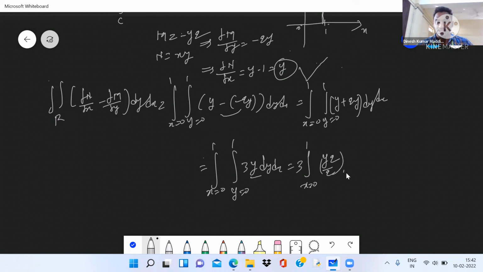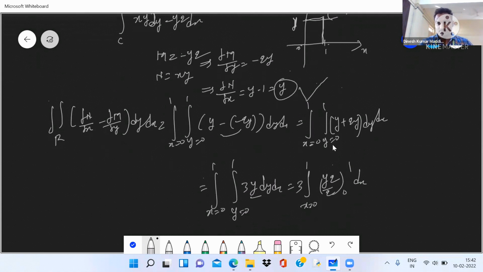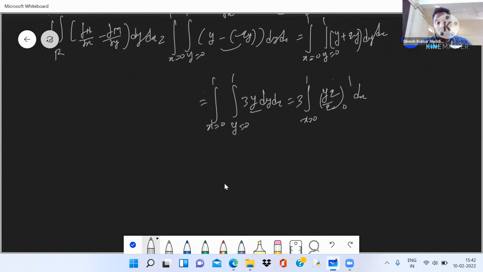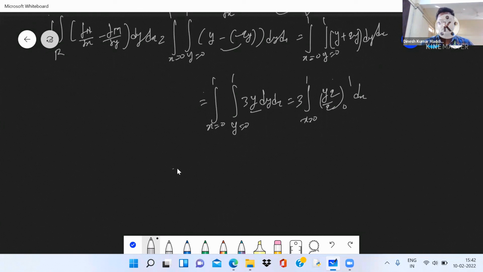Here limits are 0 to 1 dx. Three integral x equal to 0 to 1. 1 by 2 is constant, I am writing outside.